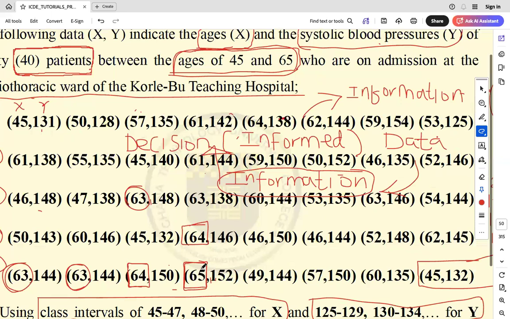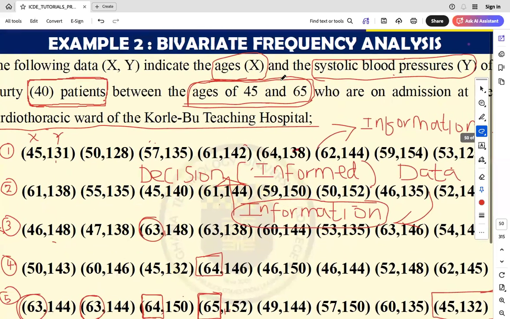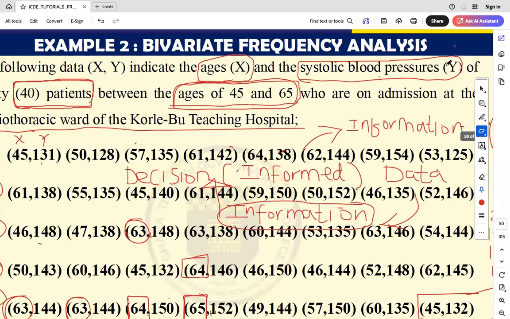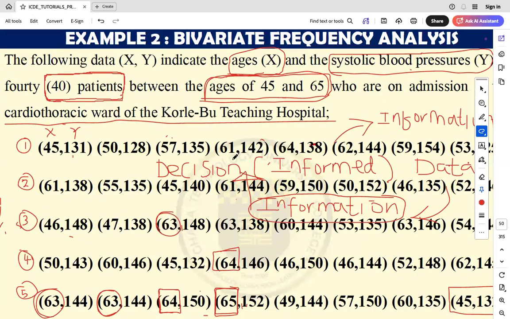So it means that 65 is the highest data for X as it has been stated in the question when he was drawing our attention to it. But I was asking him that it was done for only the ages, it wasn't done for Y. So we needed to go through this process and then we do same for Y.